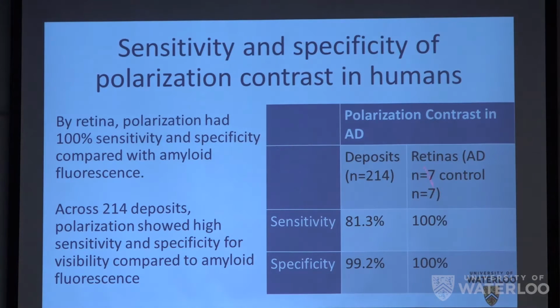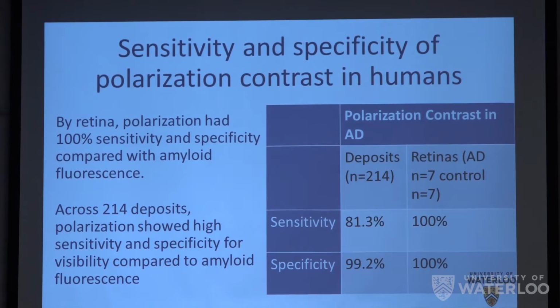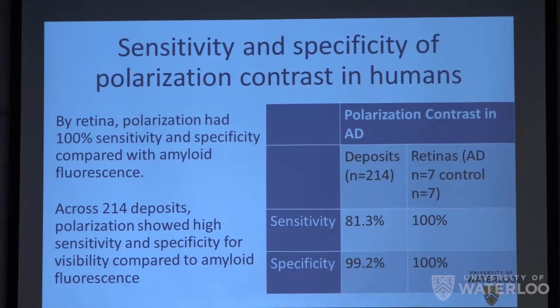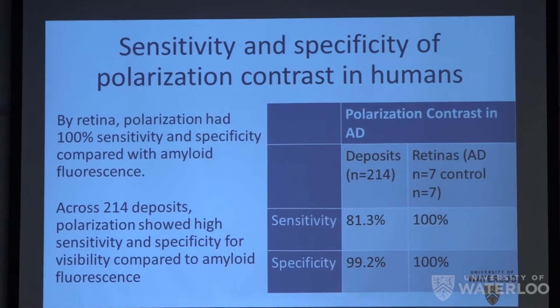So when we then take 214 deposits across 7 retinas, and 7 control areas of retinas from people without an Alzheimer's diagnosis, so they have no deposits, then we can see how many of those deposits that were thioflavin positive actually show polarization properties as well.